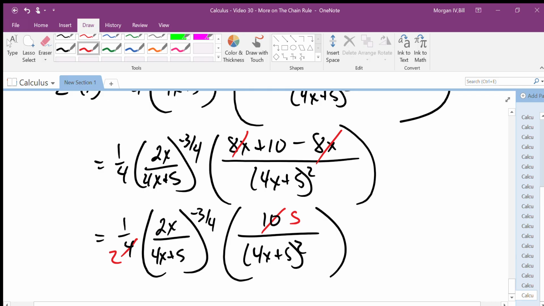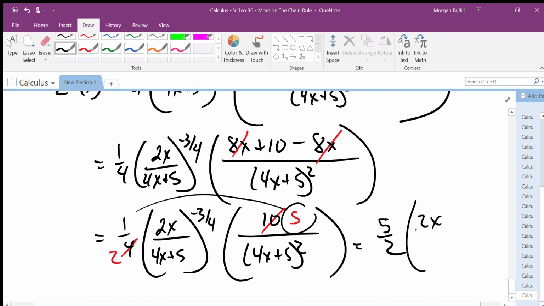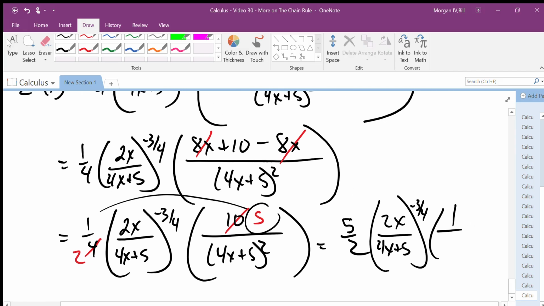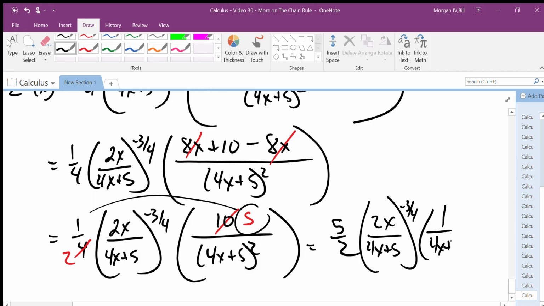Maybe I do. I don't know if it's worth the trouble. Let's just call this 5/2, bringing this 5 just out front, times (2x over 4x plus 5) to the negative 3/4 times 1 over (4x plus 5) squared. And I think I'll just leave it like that.